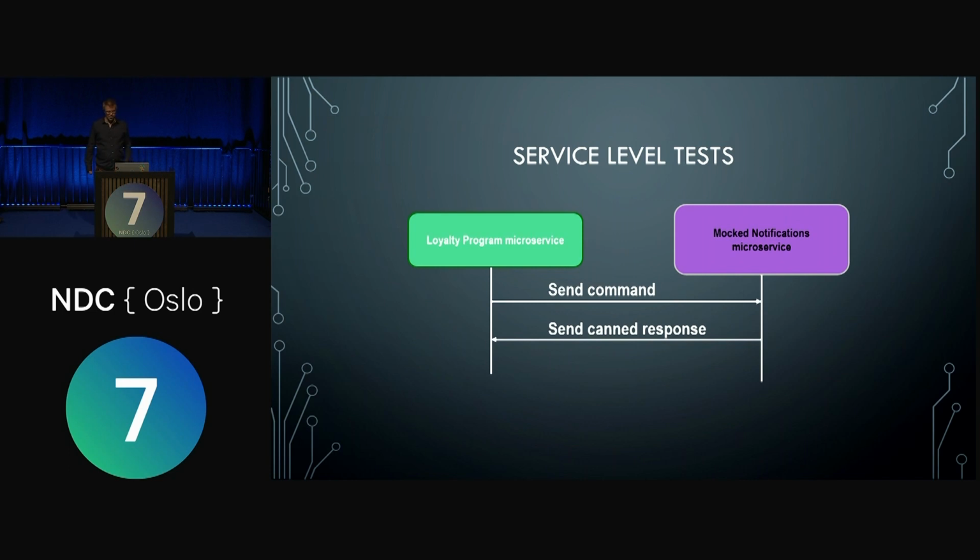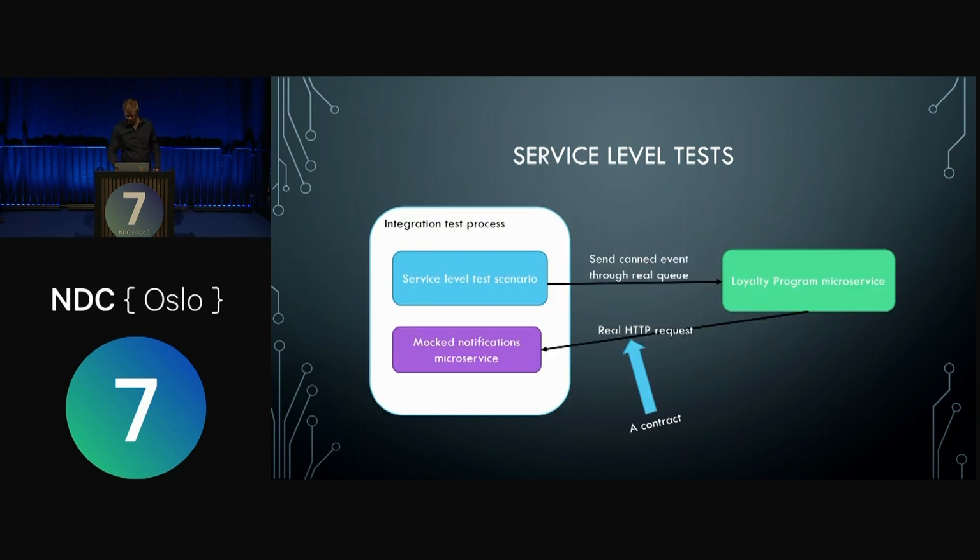So in the test that we just saw, we had the loyalty program send a command to the mock. The command is the post request. We did that in this manner where it sends a real HTTP request into the mock.